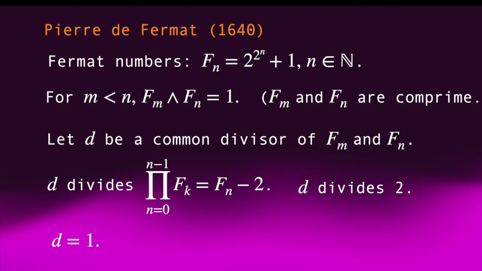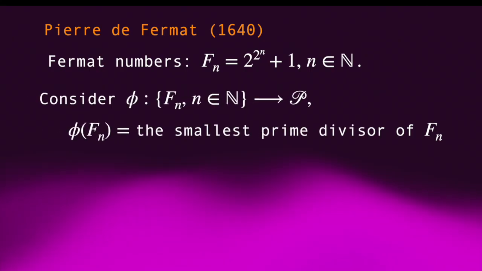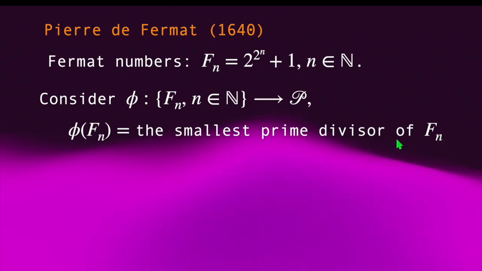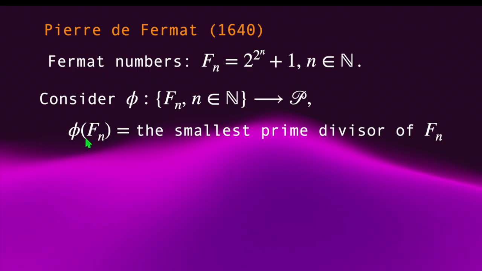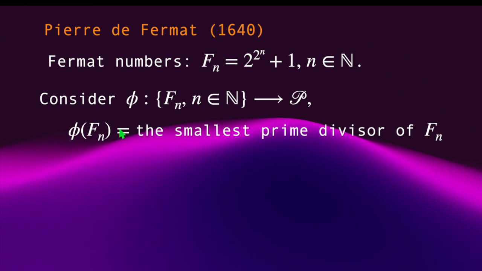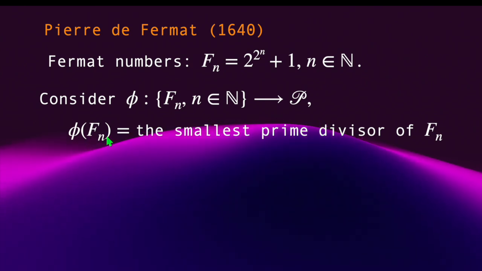Now with this property we can prove that prime numbers are infinite. So let's consider this map from the set of Fermat's numbers to the set of prime numbers, and to any Fermat's number we associate the smallest prime divisor of Fn. Okay, now since we have seen that Fermat's numbers are coprime, this map is injective.